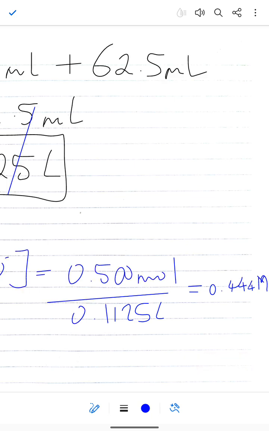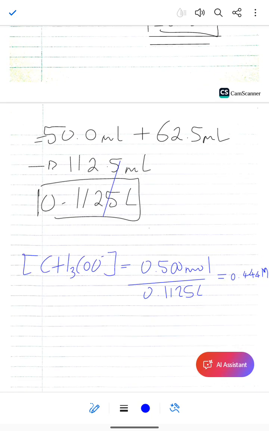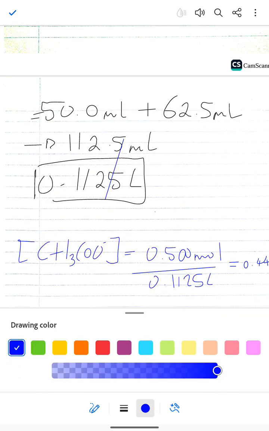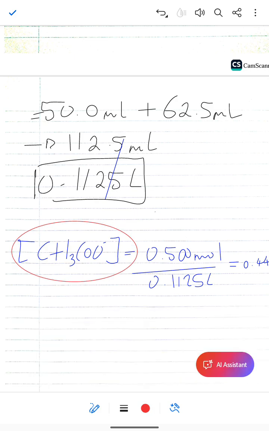And also another thing, at equivalence point, all the acetic acid has been converted to the acetate ion, right? That means if this is a 1-to-1 ratio, we can simply find the concentration of the acetate ion by dividing the moles of the acetic acid by the volume at the equivalence point. And this acetate ion, we know that it will hydrolyze in water, right?